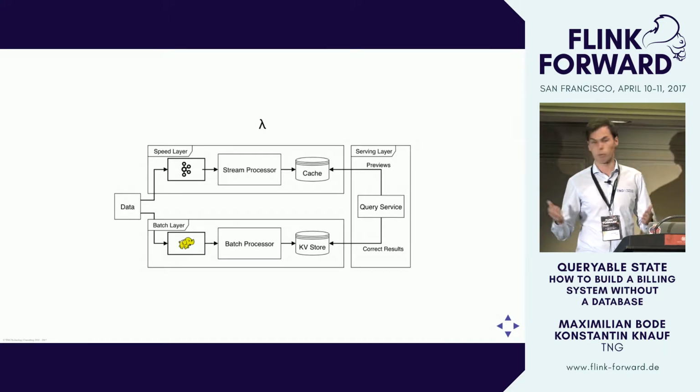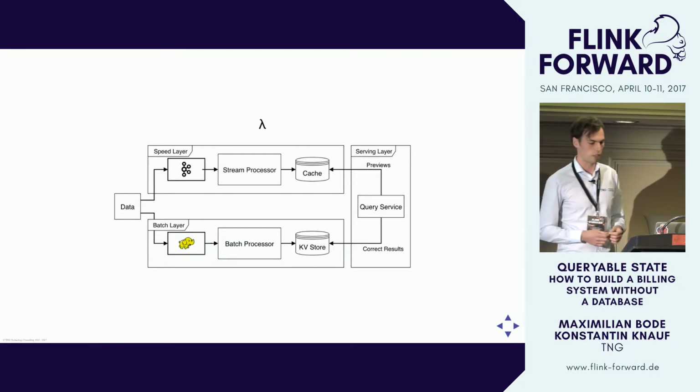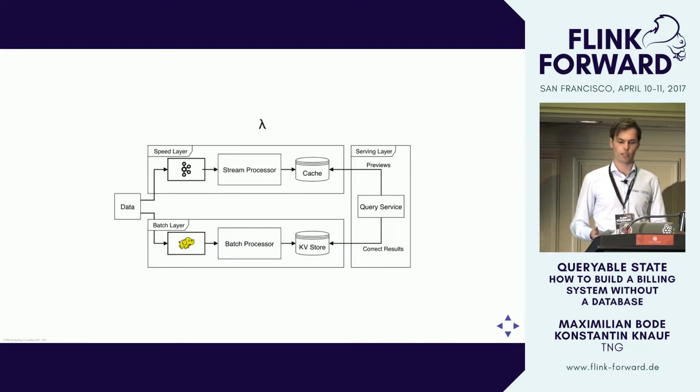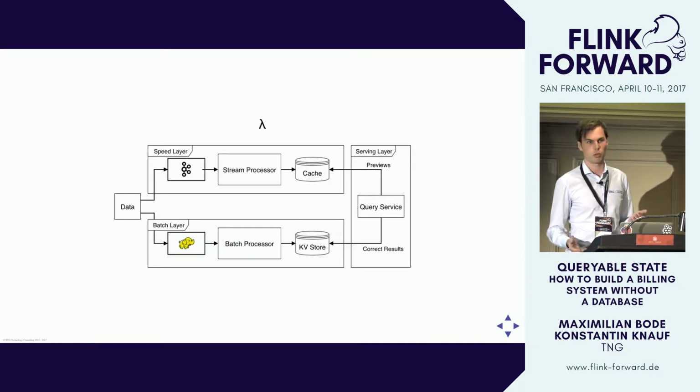And then something like a MapReduce job would run once a day and give you the final correct output. So it's obvious that this is somewhat of a duplication, right? You have operational complexity because you have to keep up those two kinds of systems. Maybe you even have to duplicate your business code for these two separate frameworks.